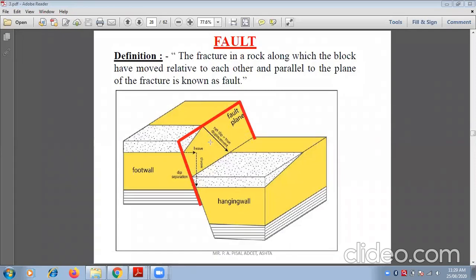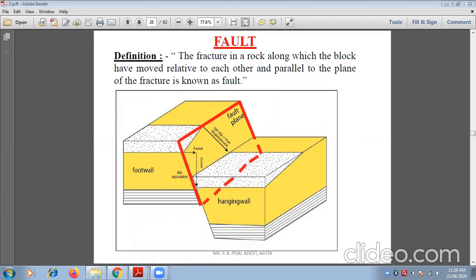Along that fault plane, on that side, the blocks of the rocks are displaced from each other. Now I will show you the continuation of this fault plane. These sides are hidden.